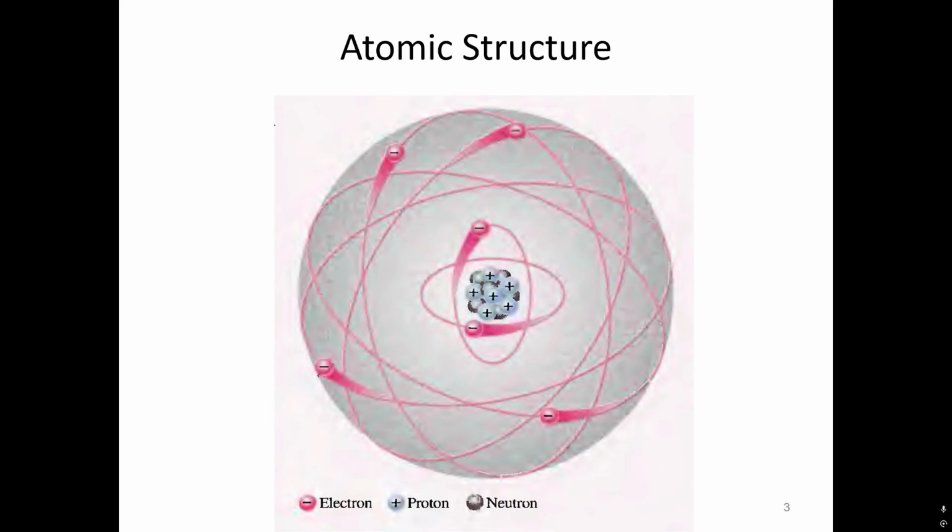The nucleus is made up of two types of particles: proton, which is positively charged, and neutron, without any charge, neutral. And the electrons are negatively charged.